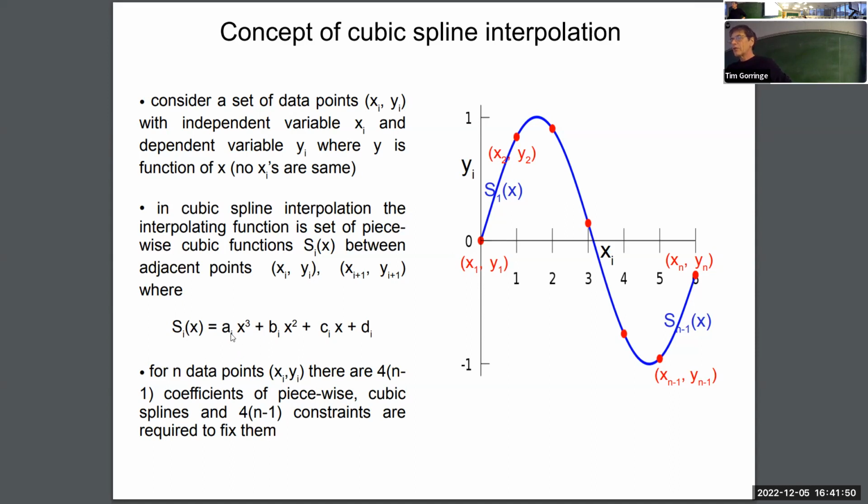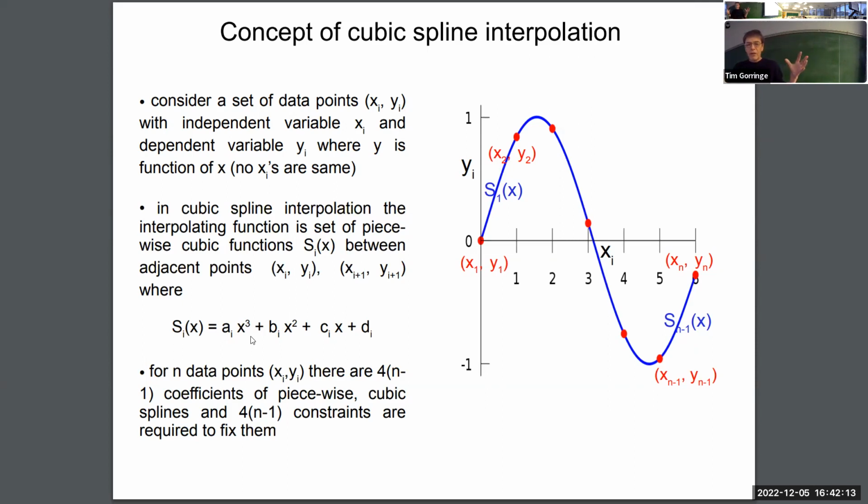So there's a cubic term with some coefficient, a squared term with some coefficient, a linear term with some coefficient, and a constant term. So there are 4 parameters, 4 coefficients for each of these cubics between each pair of points.